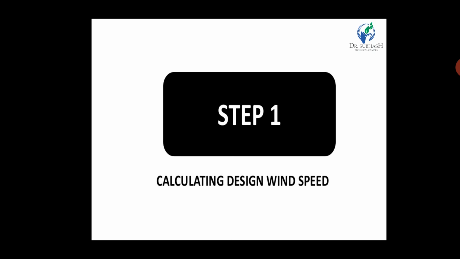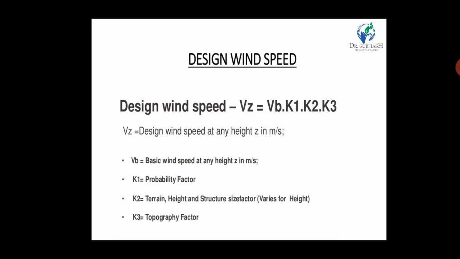Step 1: calculating the design wind speed. The design wind speed is denoted by Vz and is given in IS 875 part 3, page number 8. Vz is the design wind speed at height Z. Vb is the basic wind speed. K1 is the probability factor, given in IS 875 page number 11.